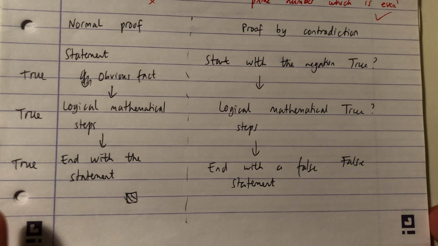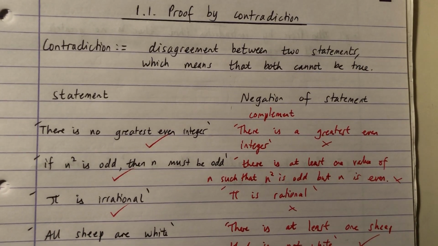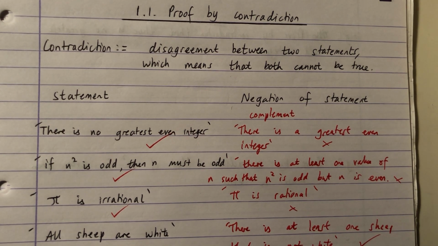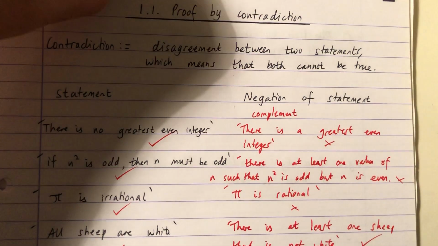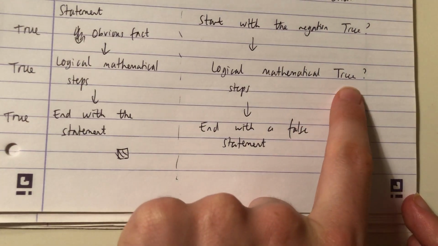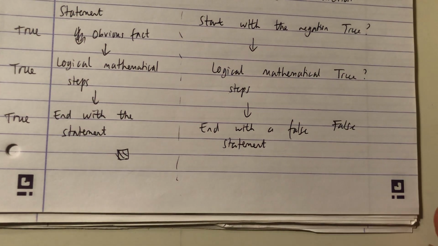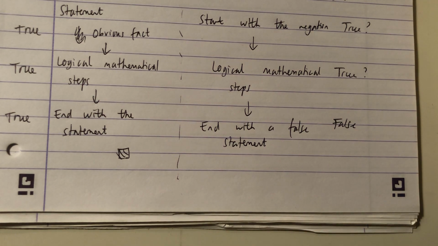This is back to my first sentence at the top, which is a disagreement between two statements is called a contradiction, which means that both cannot be true. You can't go from something which is true, in the sense of I'm assuming it's true, and end in something which is false by using normal logical mathematical steps.